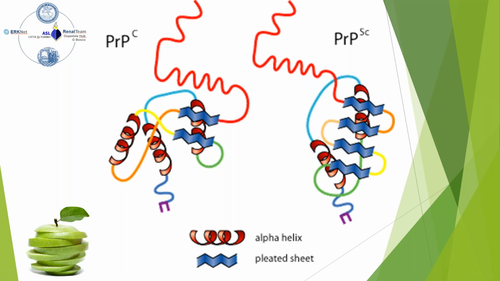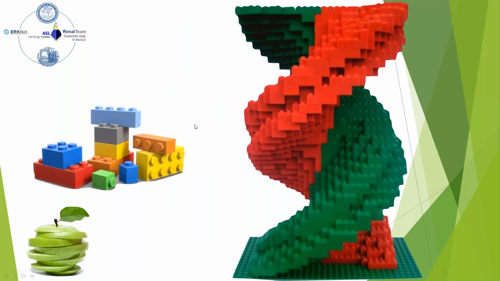So they join together, first forming oligomers, and it's interesting that oligomers are also considered to be cytotoxic, and then they form the fibrils. It's a little bit like when we play with Lego bricks. We can build very complex and regular structures starting from identical bricks. And this is what happens in amyloidosis.